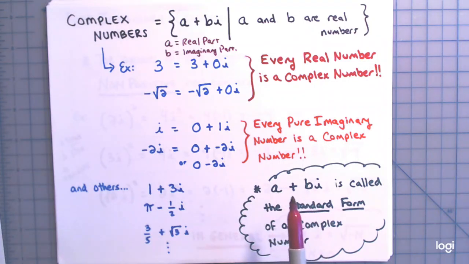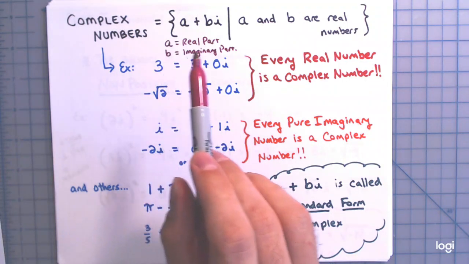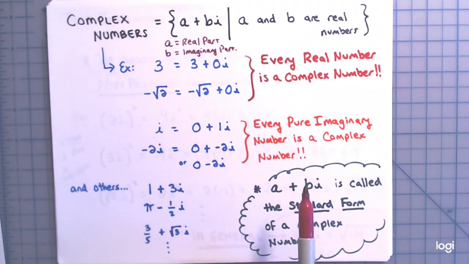So this real number a plus pure imaginary bi, this form is called the standard form of a complex number. And as I mentioned before, the number a, sometimes referred to as the real part of the number, and the number b that's attached to the i is called the imaginary part.